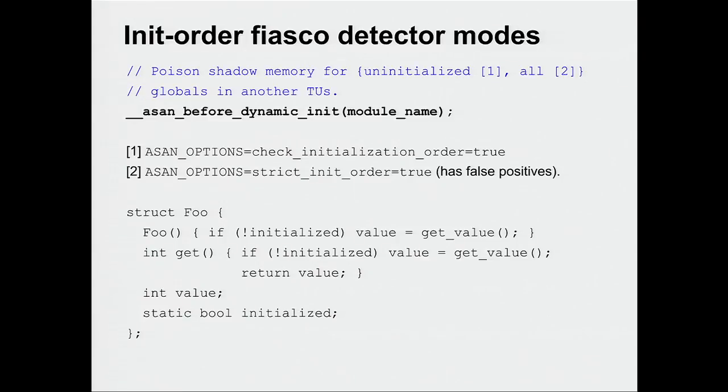For example, many implementations of such simple objects as mutex are designed in such a way that they have a constructor which is a no-op, which does nothing, but you can still access the mutex before its constructor has actually executed, so it's fine. Unfortunately, we'll report the error in this case because, technically, it's an initialization order problem. You access the object before its constructor has run, but in fact, it's safe.